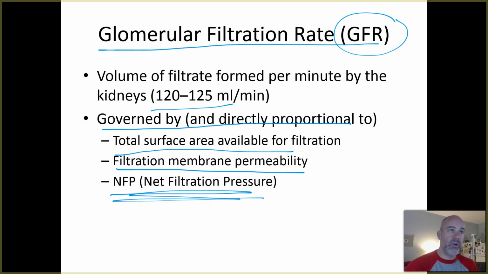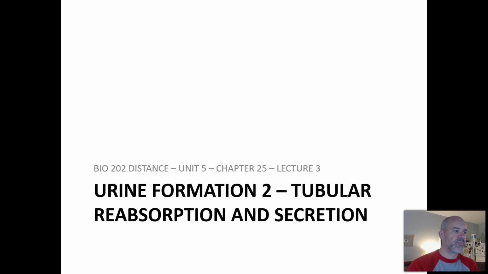That can be controlled, as we'll see, by allowing more blood to flow into the glomeruli or less blood to flow into the glomeruli. It's very important to control GFR. Think about if you were getting dehydrated and you still had a high GFR, glomerular filtration rate, you would become even more dehydrated. So there are very important reasons to control GFR as part of our homeostasis.